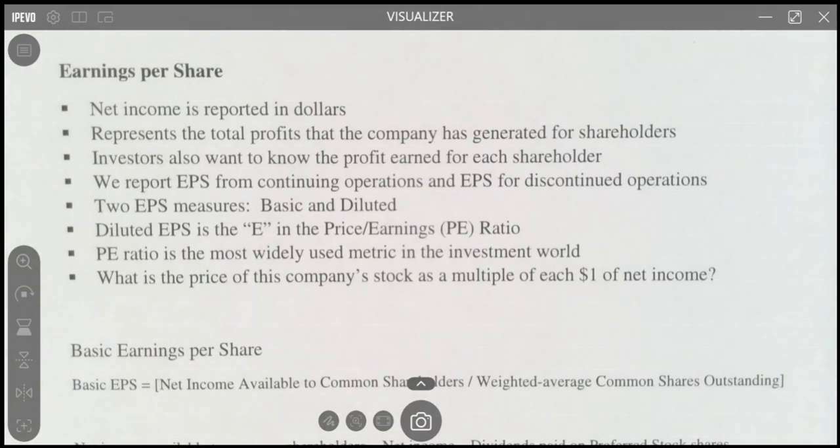We can say, well, Walmart is trading at 13 times last year's diluted earnings per share, and the stock price of Target is 12 times the diluted earnings per share for the last 12 months.